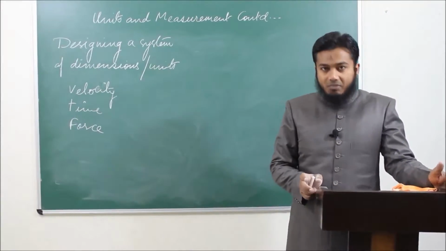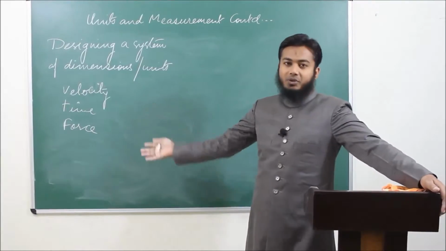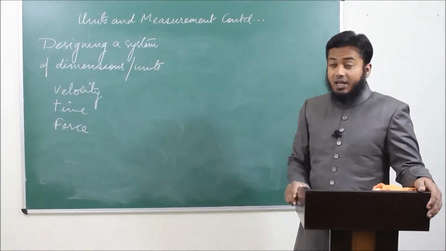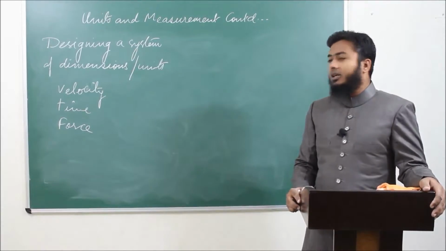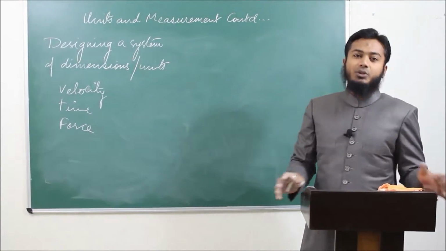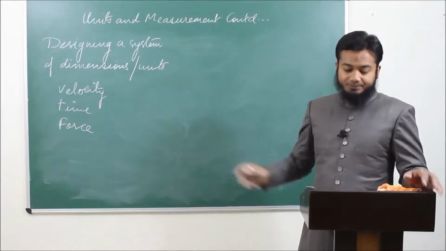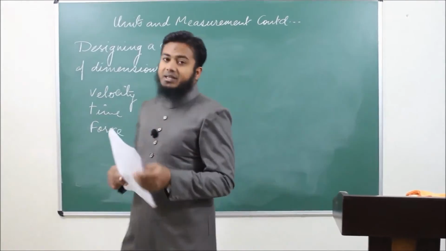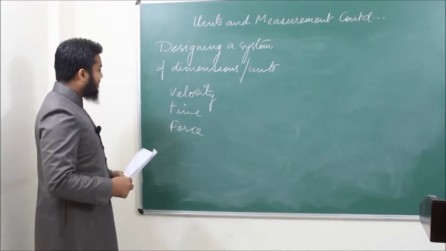In SI system, mass is a base quantity, and we calculate dimensional formula for velocity, time, and force in terms of mass, length, and time. But now I am deciding that velocity, time, and force will be base units. Then what will be the dimensional formula for mass in such a system? So the dimensional analysis enables us to find such a relation.